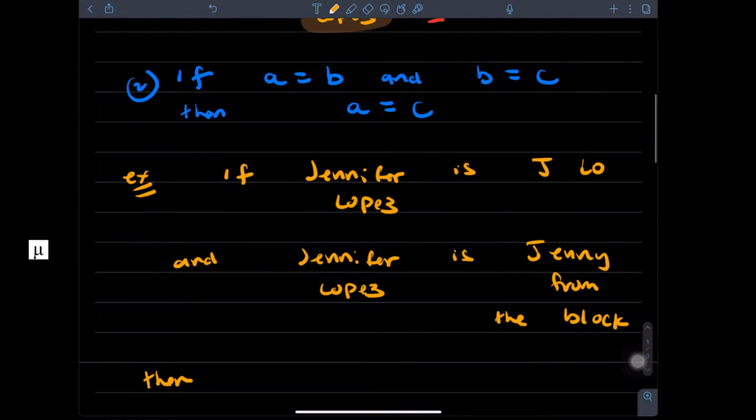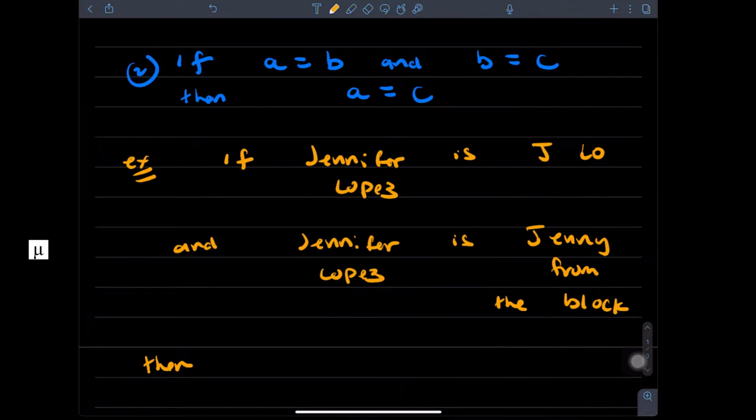What could you say, ladies and gentlemen? Look at the language. Jennifer Lopez is J-Lo. Jennifer Lopez is Jenny from the block. What does that mean? What can we say? You ever hear that before?